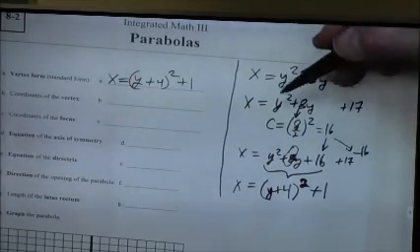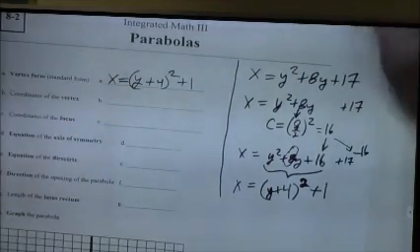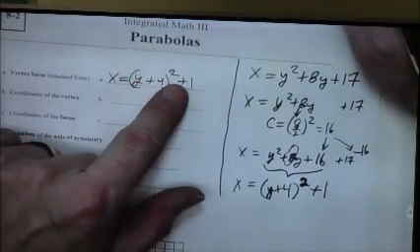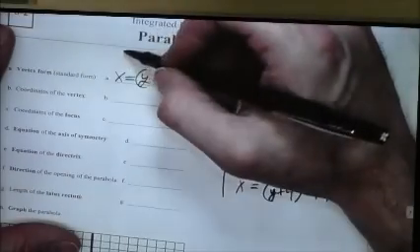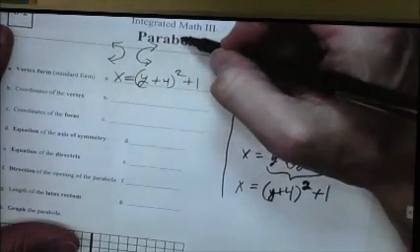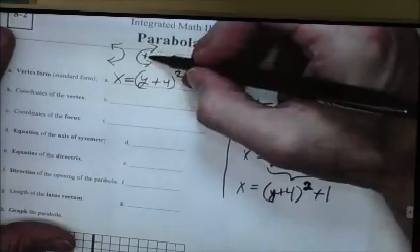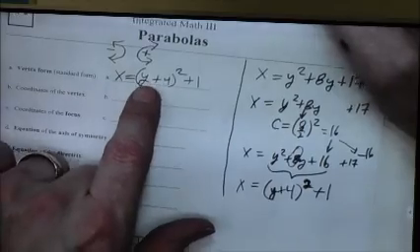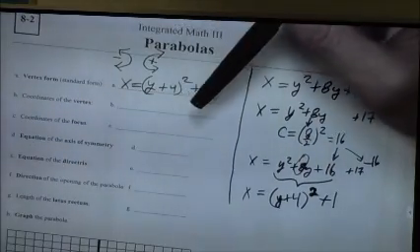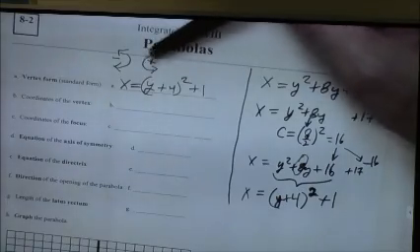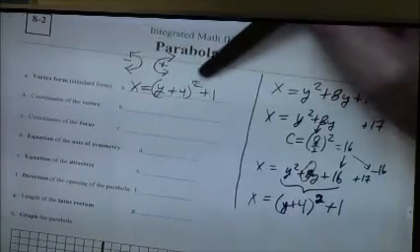We didn't have to take a number out of both. No coefficient in front. But what is different about this one is the y value that's being squared. That means that this is either going to open this way or it's going to open this way. If it opens to the right, that's because it's positive. If it opens to the left, that's because it's negative. And if you look at this, you can tell right now that it's not a negative. That means that this one, when you graph it, is going to look like this way going to the right.